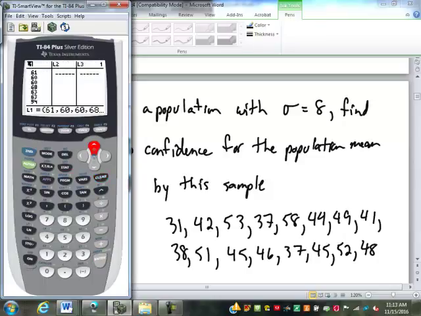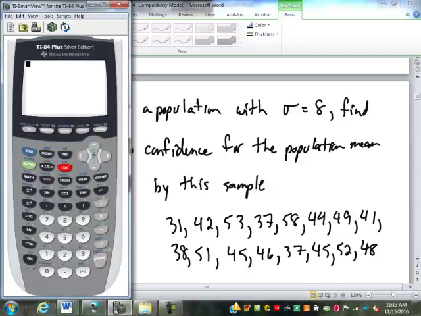I'm going to clear out list 1 and enter those numbers: 31, 42, 53, 37, 58, 44, 49, 41, 38, 51, 45, 46, 37, 45, 52, and 48. Hopefully I got them all entered without any errors. You can see I'm at L17, which means there were 16 numbers in that list. So I'm going to exit out of there.